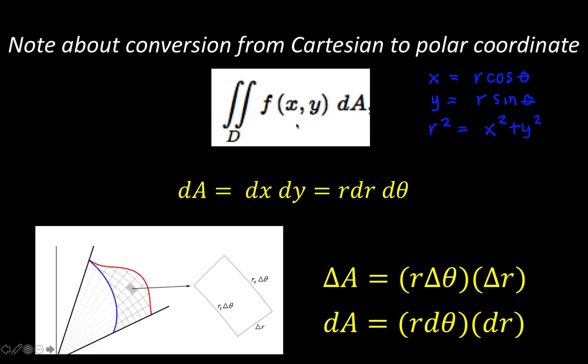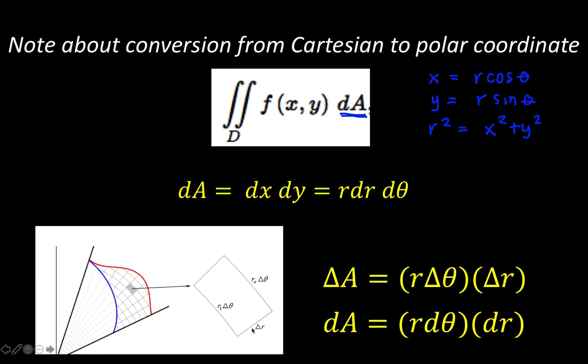And when we have a double integral like this, dA can be interpreted as a small rectangle, which is the product of the change in the radius times the change in the angle. Now, let's say this small sector is our dA. This sector can be computed from the length of the radius, which is delta r, and the change in the angle times the radius, which is r delta theta.